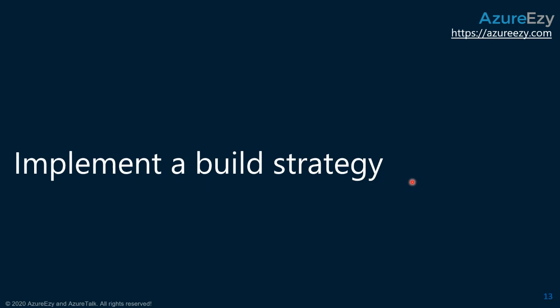Now, after understanding all these things, you will be looking at implementing your build strategy. So you know these are the things we automate, these are the things we cannot automate, these are the things we are going to check, these are the things we are going to change during the build, and these are the things we are going to run the quality gate against.